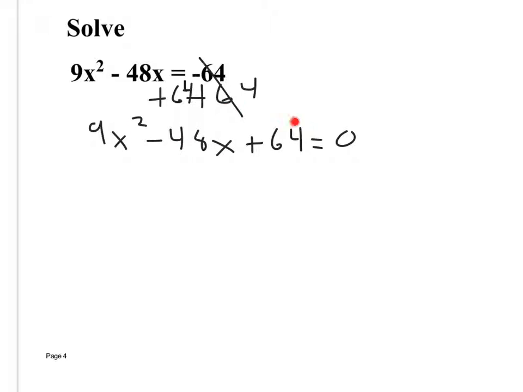So I'm thinking this is a perfect square trinomial, which it is. So you take the square root of the first one and subtract the square root of the last thing, which is 8. And that's squared, because there's 2 of them.